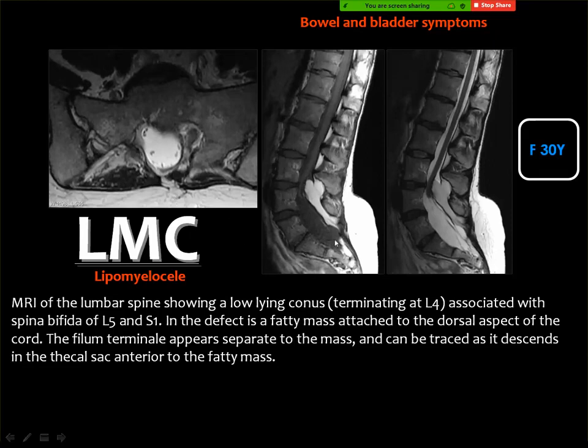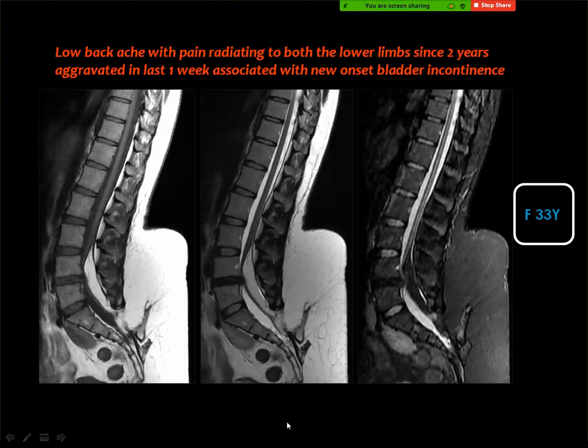If the fat inside the spinal canal is not attached to the fat in the subcutaneous space, this is intradural lipoma. And you can get a tethered cord with intradural lipoma, or tethered cord with lipomyelocele, or tethered cord with lipomeningomyelocele.